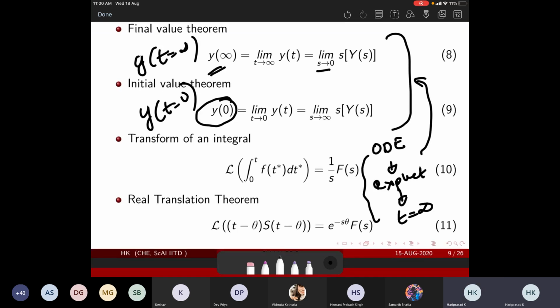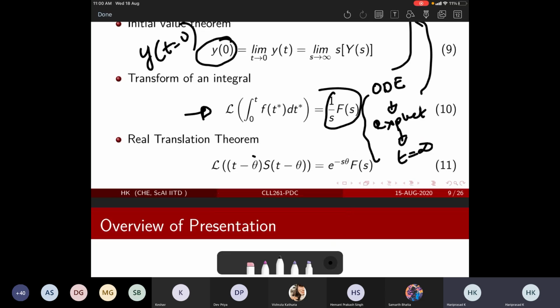Okay, and two other things of interest: integral of f of t, the Laplace transform would be 1 by s times F of s, and something known as the translational theorem, which is a little different. If something is translated by a factor theta, the Laplace transform would be the transform of the original variable times e raised to minus s theta.